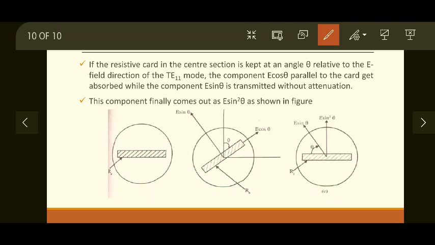Now if the resistive card in the center section is kept at an angle of theta relative to the E field, as you can see in this diagram, this is RCT, this is CW, and this is CRT.